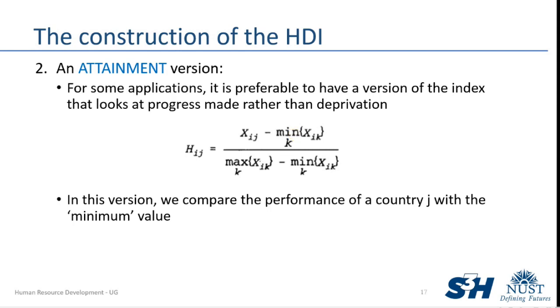Subtract 4 from it and divide it by maximum minus minimum. If I calculate this index for that African country, it will be 4 minus 4 because 4 is the minimum, and this whole thing will be 0. If I calculate it for the leader in education, this will be maximum minus minimum over maximum minus minimum, this whole thing will be 1. So in this case, the highest achiever will get 1.